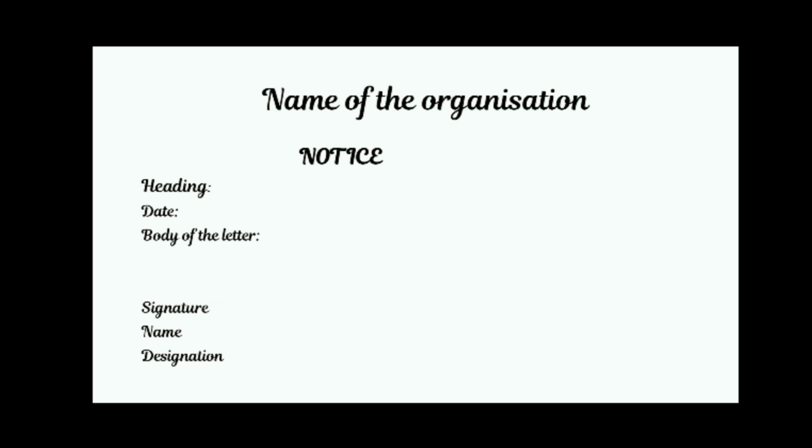So here is a sample notice that is given. As I said, the name of the organization should be on the top, and next the notice heading, the subject of the notice, and the next, the date when we are going to conduct it, followed by the body of the notice, where we discuss all the important points, and then signature, name and designation.